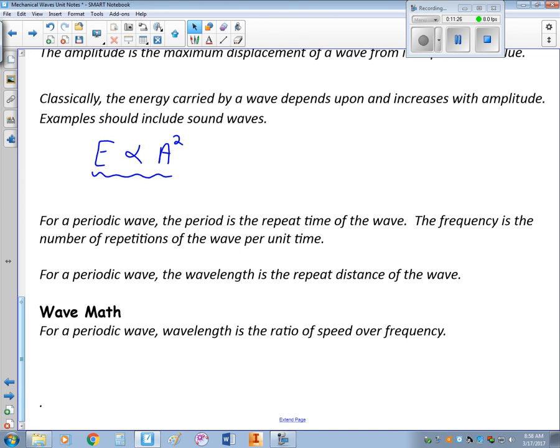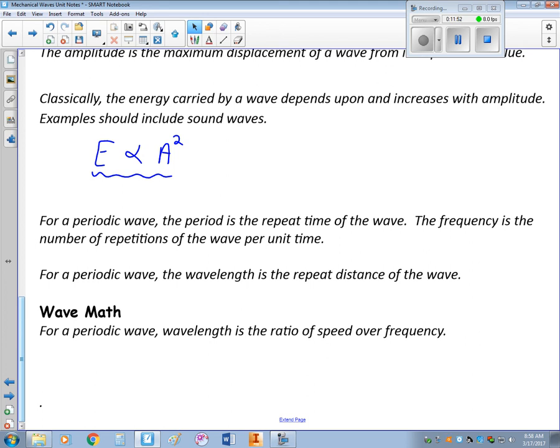Now, it should be noted that this is only for mechanical waves. For electromagnetic waves, the energy depends on frequency, not amplitude. So for a periodic wave, the period is the repeat time of the wave. So again, the period is how long it takes for 1 oscillation to happen. Frequency is the number of repetitions per unit time, so how many oscillations there are per second.